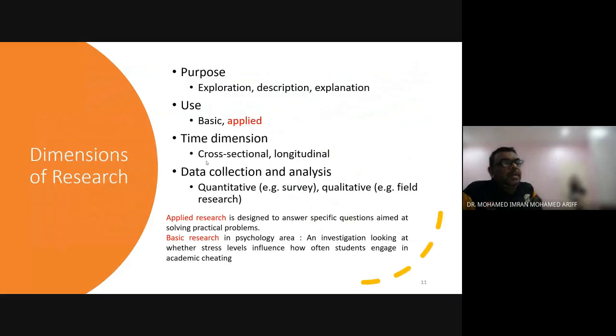Okay. So dimensions of research, this is also something you need to know. What is the purpose of your research? Is it to explore, find out something new, or you setakat nak describe something, or you want to explain about a situation? Okay. And normally untuk PhD we use basic research. We do not use applied research.